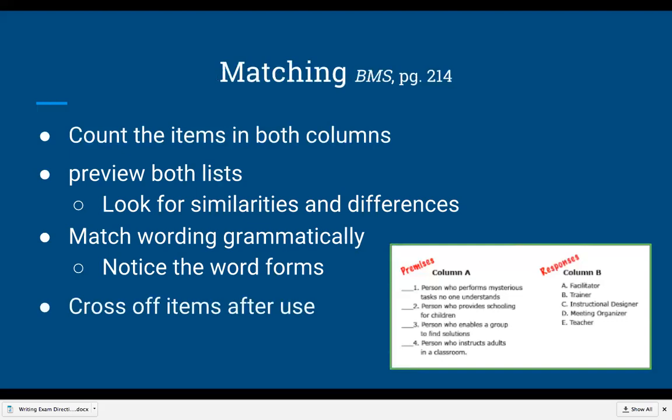Make sure that you cross off whatever you use after you use it so you don't get confused. And if you use one column as your base, for instance, you use column B as the one that you're going to cross off the options as you go, then you don't get confused as you're crossing off between column A and column B.